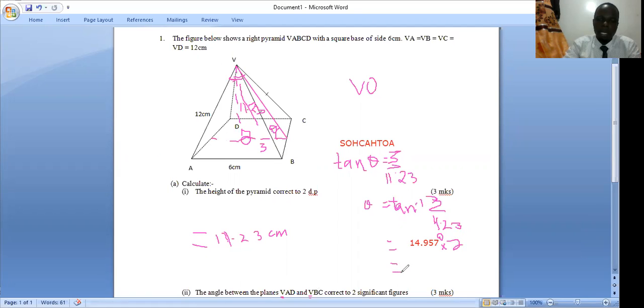So 14.957 times 2 becomes 29.914 degrees.